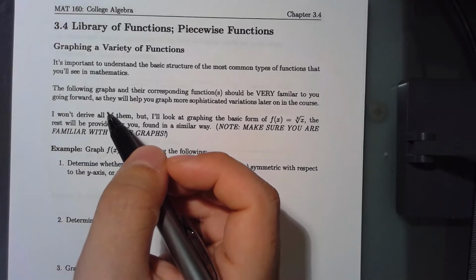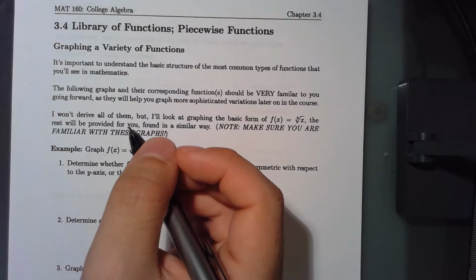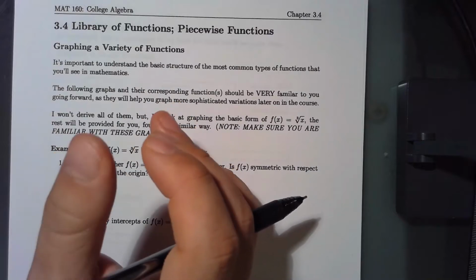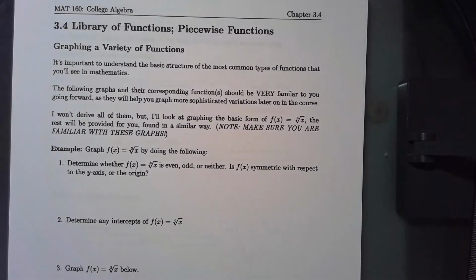Having a basic idea of what they look like is important going forward, because that'll help you to remember what certain graphs look like, and any variations of those graphs will stem from the basic variety of specific functions.